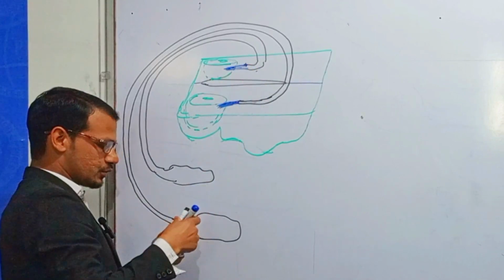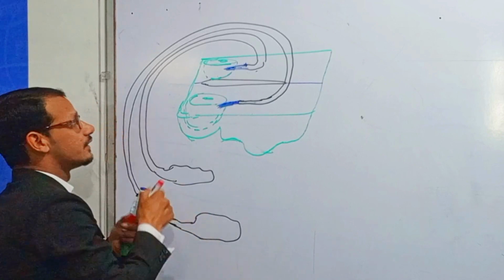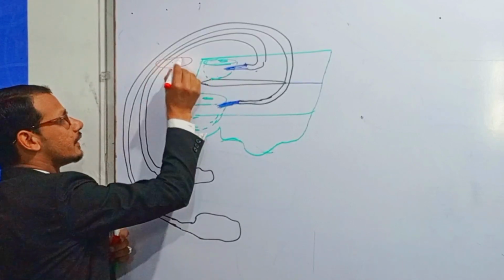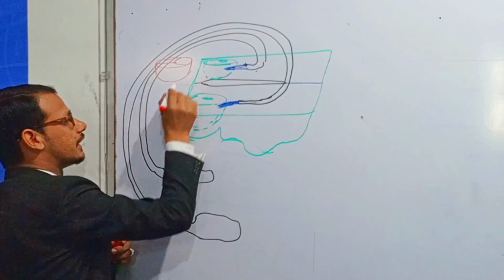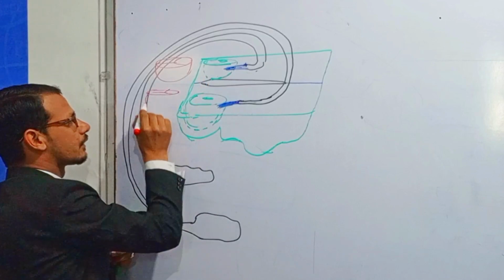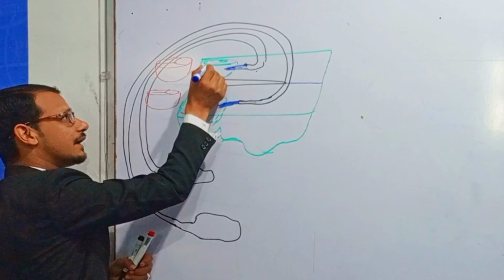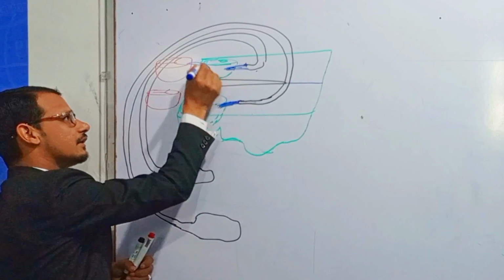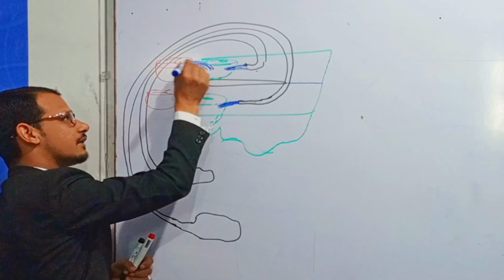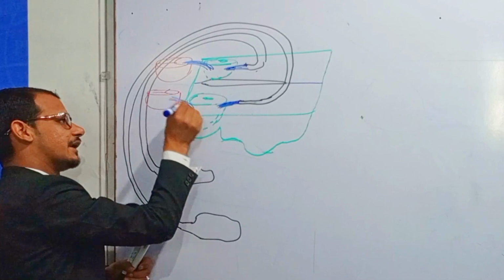and here two dominant structures are present. They are called thalami. And the thalami are also connected with these mammillary bodies by which tract? Mammillothalamic fibers.